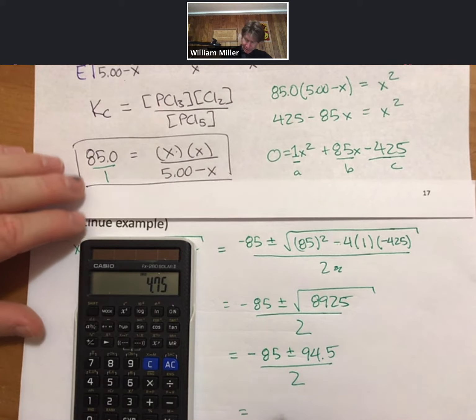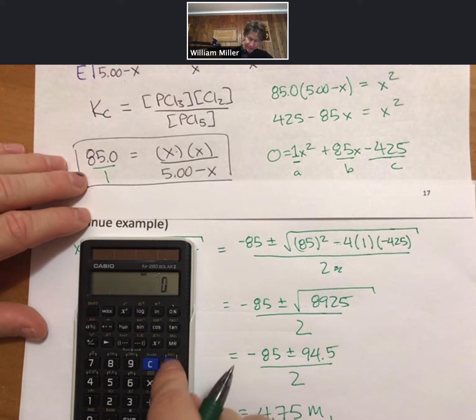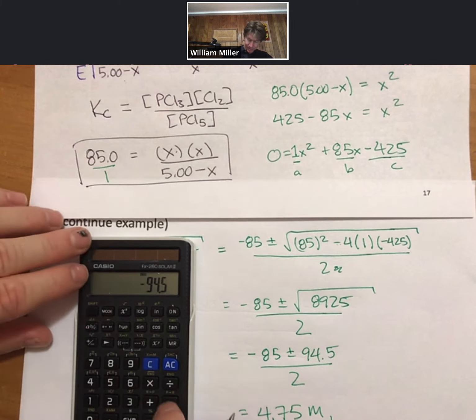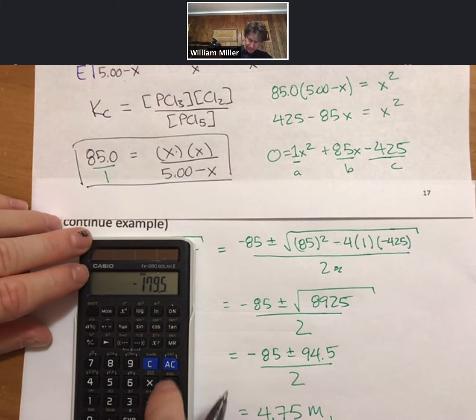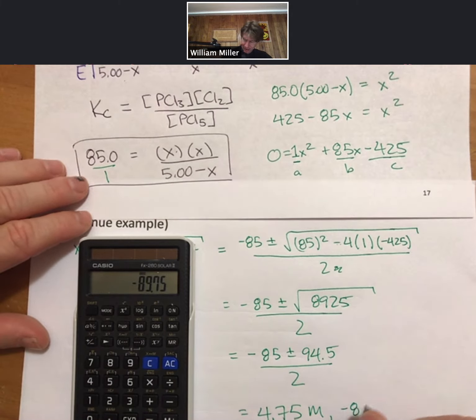I get 4.75 molarity. And the other one is going to be negative, minus 94.5 minus 85 divided by 2. Yeah, minus 89.8 molarity.